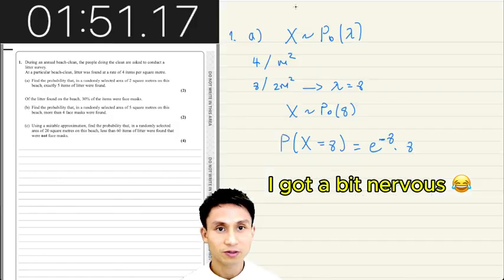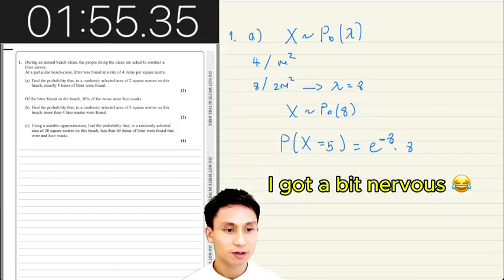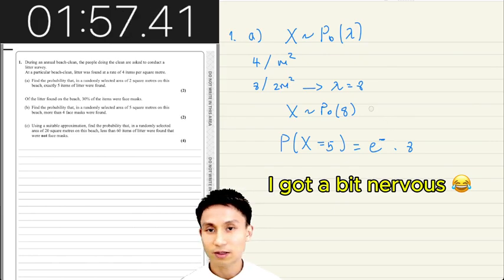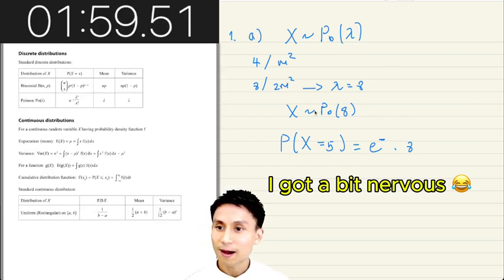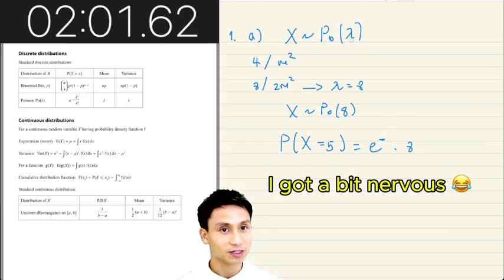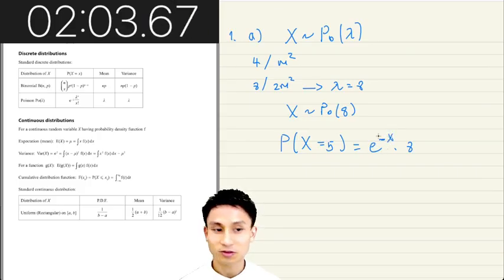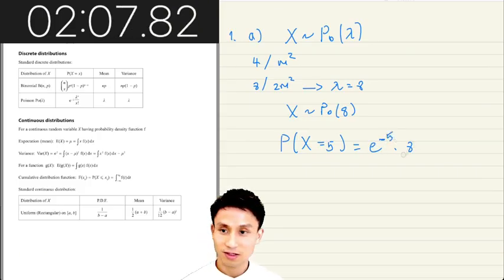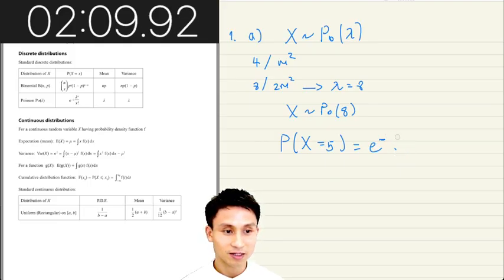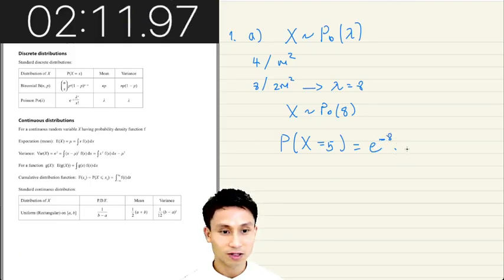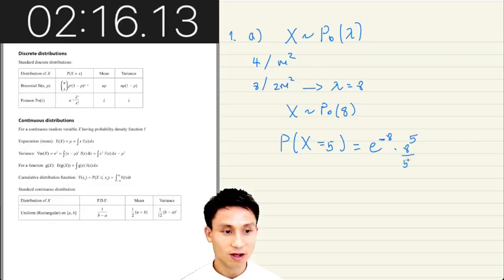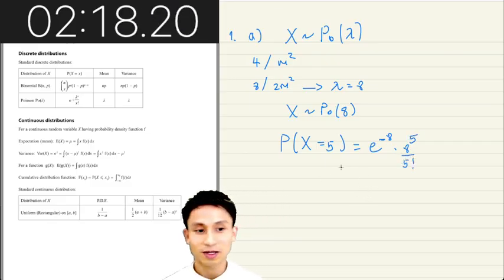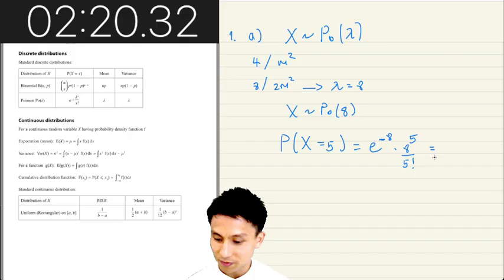Let me look at the formula again, because I don't remember it. So it's to the power of 5, yeah. And then e to the minus 8, and then lambda, which is 8, to the power of 5, which is x, over 5 factorial. Okay, and then we're just going to calculate the probability of that.